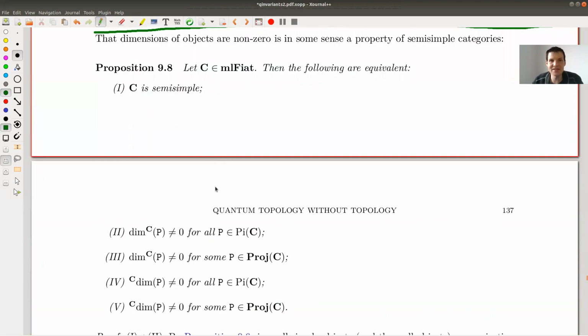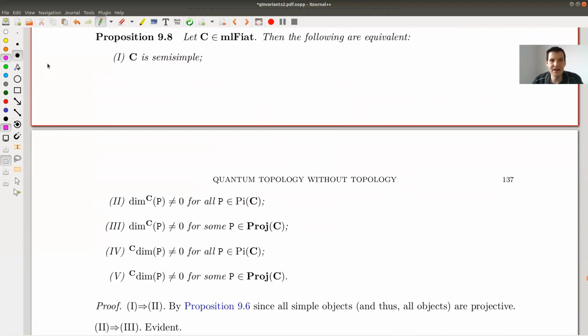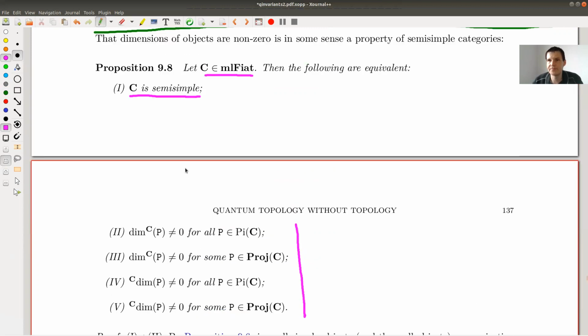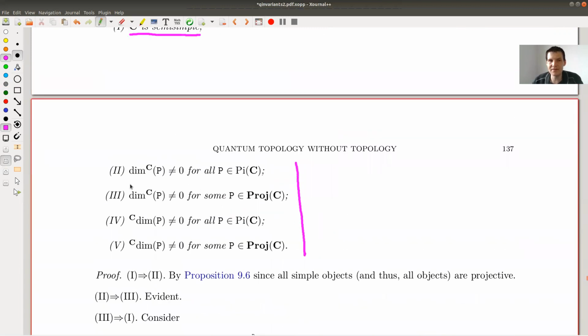And actually, there's a proposition that says for certain types of categories, the following is equivalent: it's semi-simple, and dimensions of projective objects are non-zero. That's equivalent, and these are just different ways of phrasing it. First of all, you have a difference between left and right.